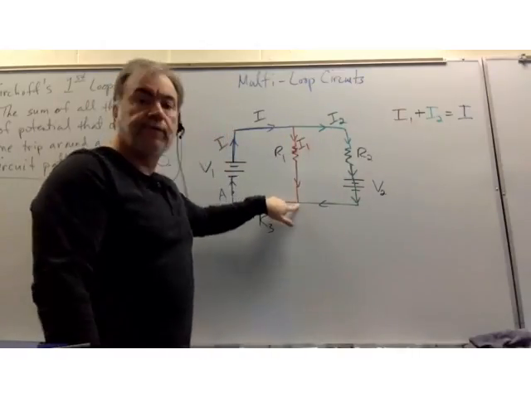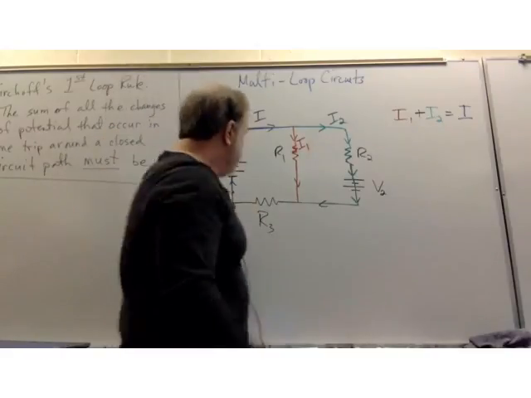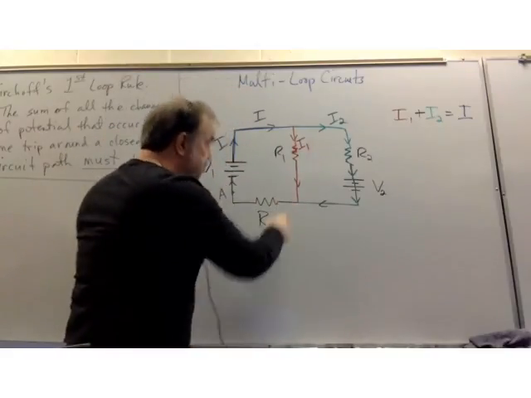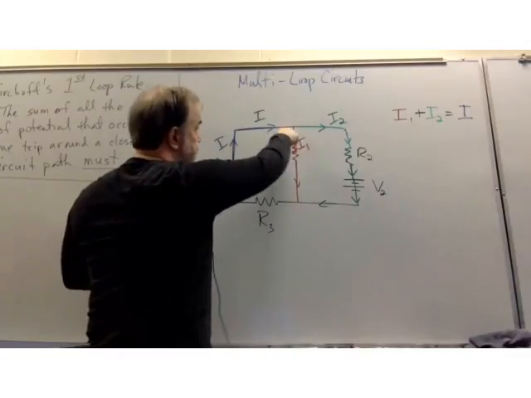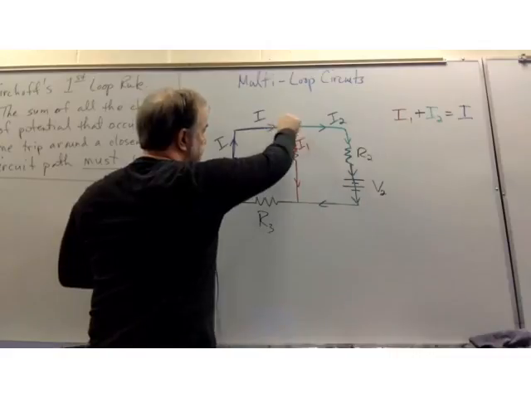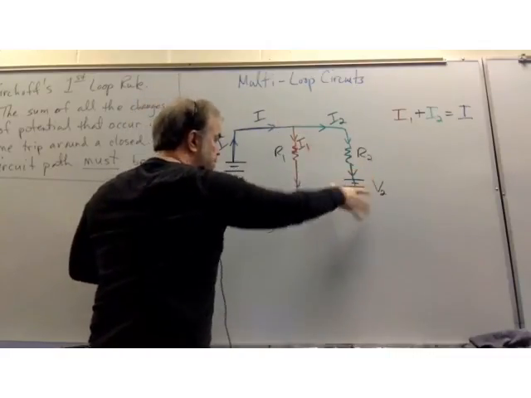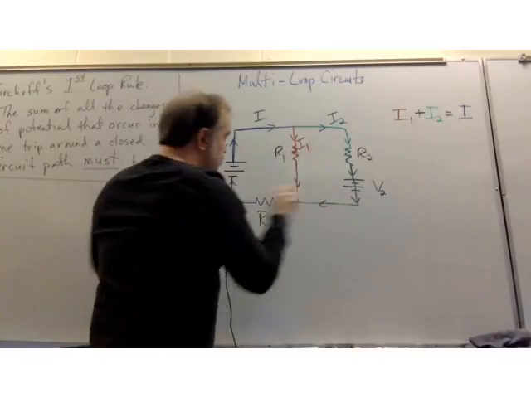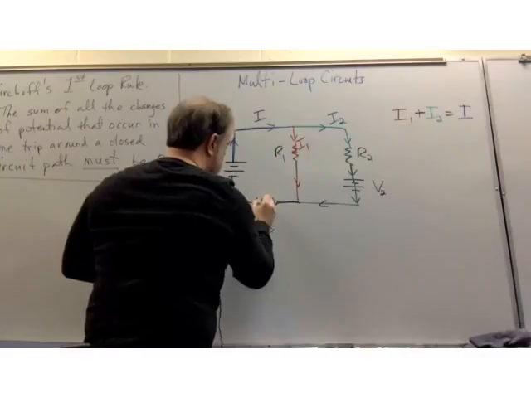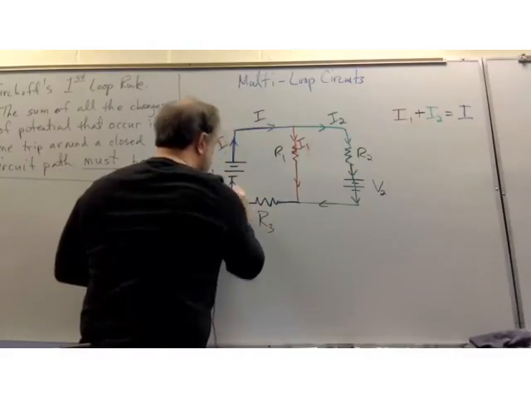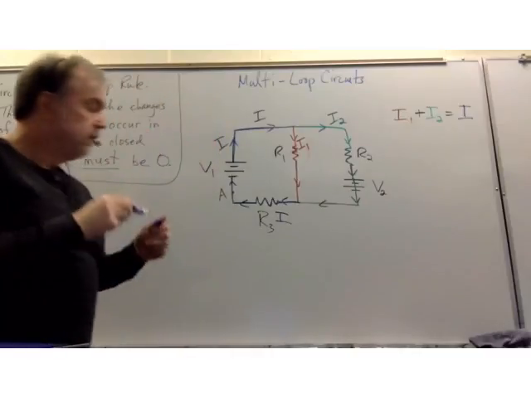The two currents rejoin, add back together, and so the current that ends up flowing out of this branch point is the same as the current that went into this branch point. So this total current I reaches this branch point, splits into two parts, and when they rejoin, of course, you get the same current back again. And we're back to current I once again.